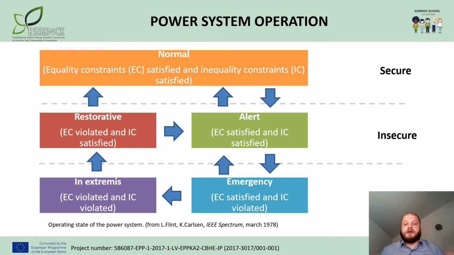This flowchart describes the transitions between the different states of the power system. In the majority of cases, emergency states of a power system are handled by emergency automation, relay protection, and by the actions of the engineering staff, the power system dispatch control center engineers.